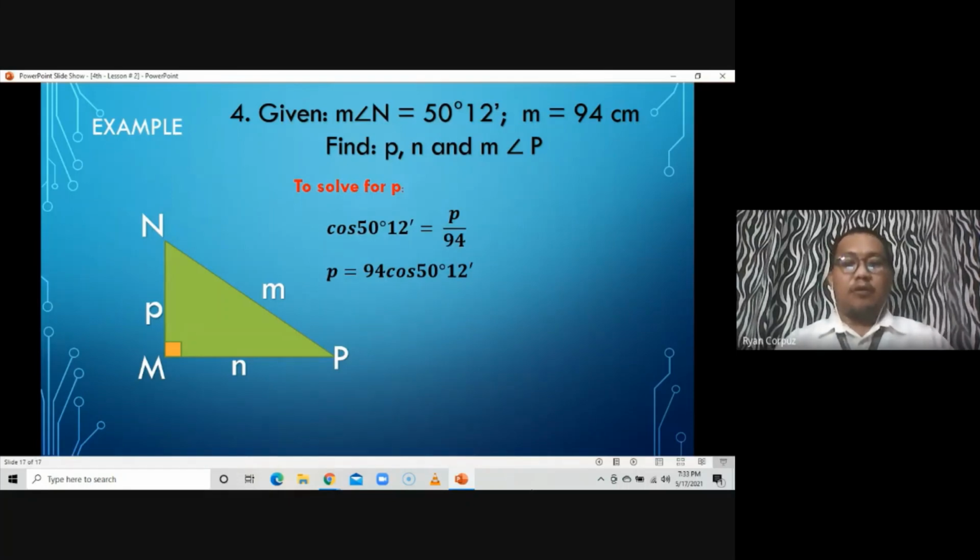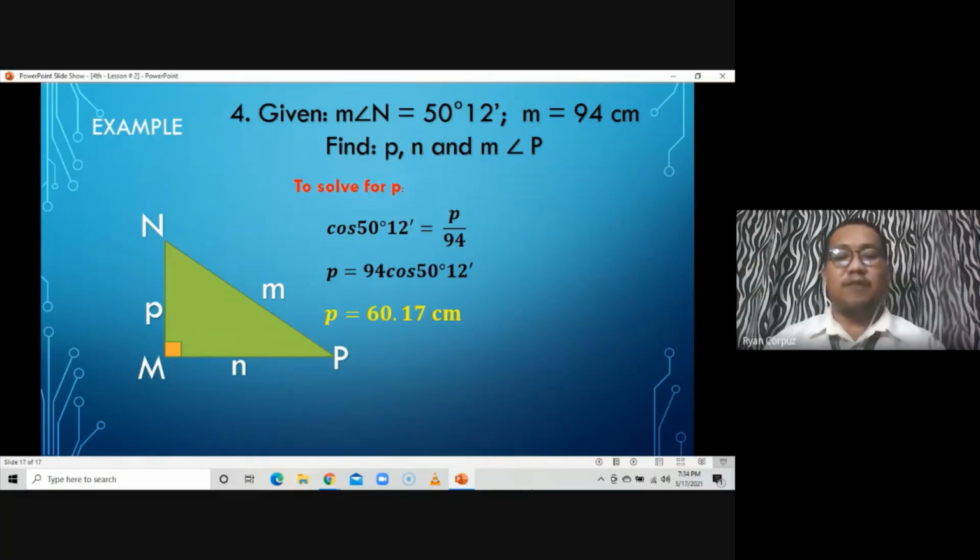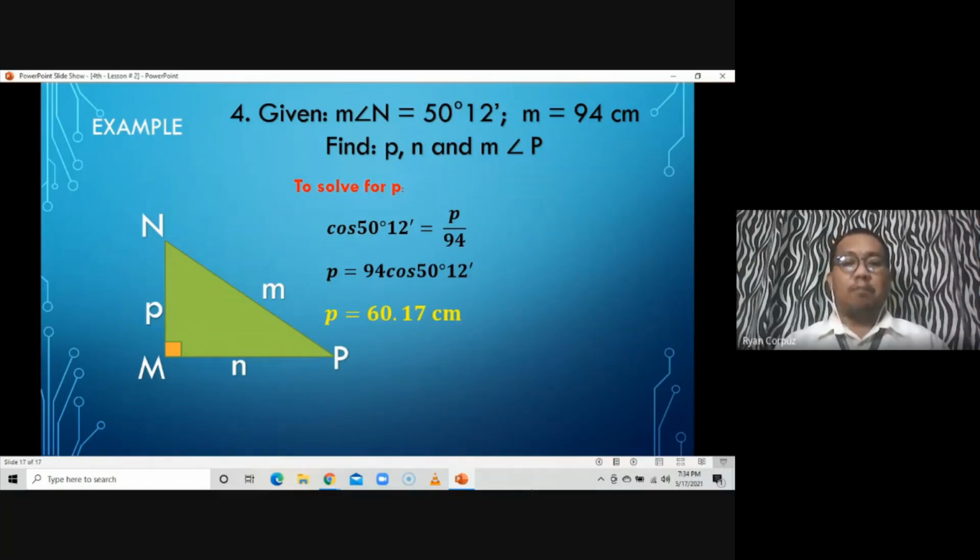Then, on your calculator, just press 94 times cosine, then press 50, DMS, 12, DMS, then press equals. So you'll come up with the value of P, which is equal to 60.17 centimeters. That's how we solve for P.